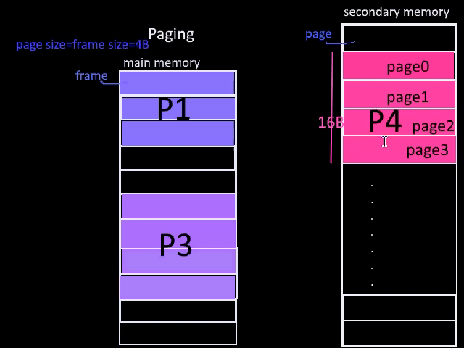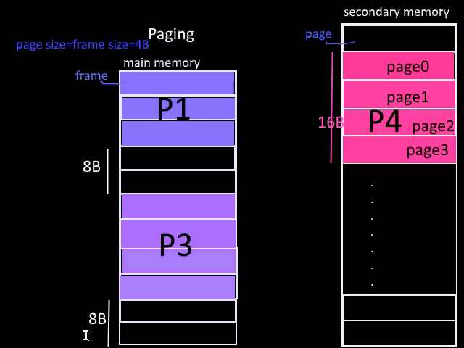The size of the process P4 is 16 bytes. What is the free space available in the main memory? Each frame is 4 bytes and 4 free frames are available. Thus, here we have 8 bytes free and here we have 8 bytes free. So for this process of 16 bytes, there is sufficient memory space of 16 bytes available in the main memory.